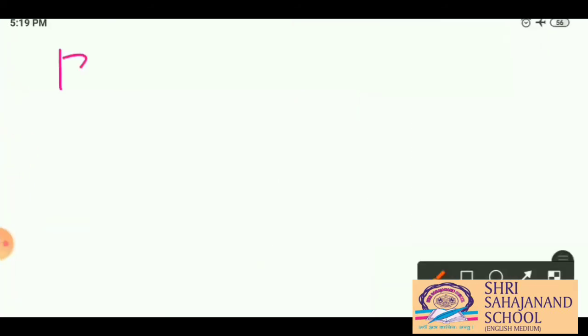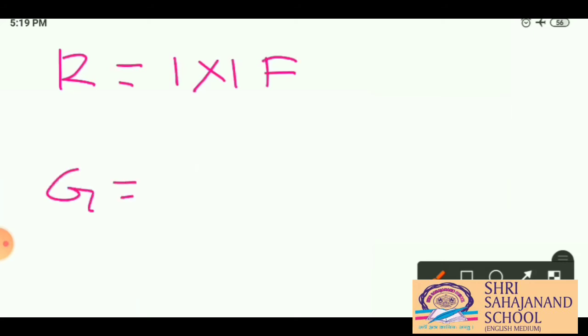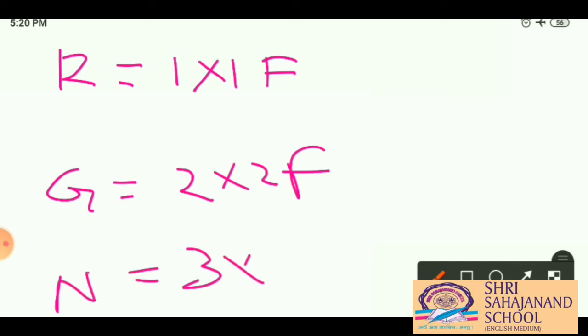If Rani chooses 1 by 1 feet, then Geeta will choose the middle, 2 by 2 feet, and Nasima will choose the biggest one, 3 by 3 feet. Because these are all factors of 90, and the smallest one is chosen by Rani, the middle tile is taken by Geeta, and the biggest one is taken by Nasima. That was our first way.